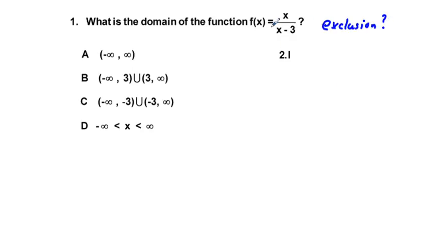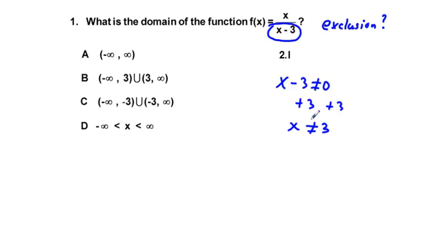Since we cannot divide by 0 in math or in algebra, we know that this denominator of the function, x minus 3, cannot equal 0. And so if we add 3 to both sides of this, we get x cannot equal 3.